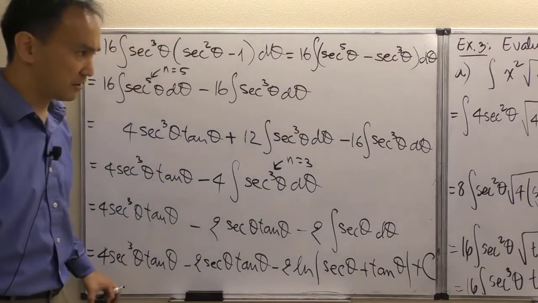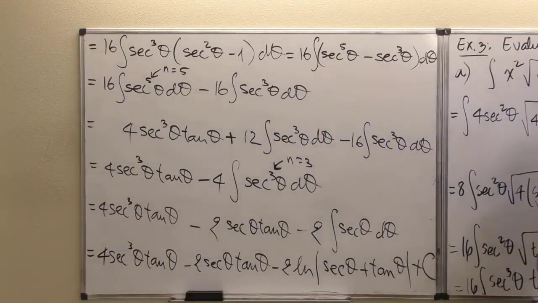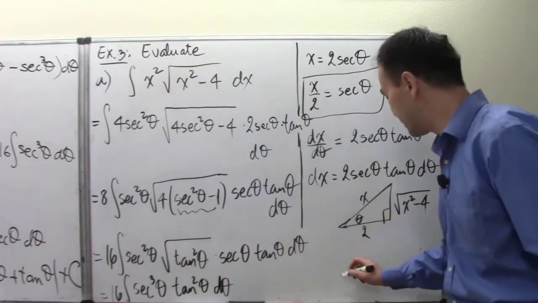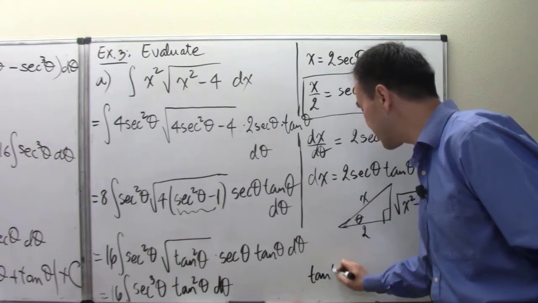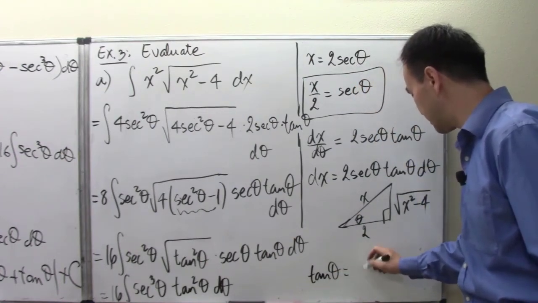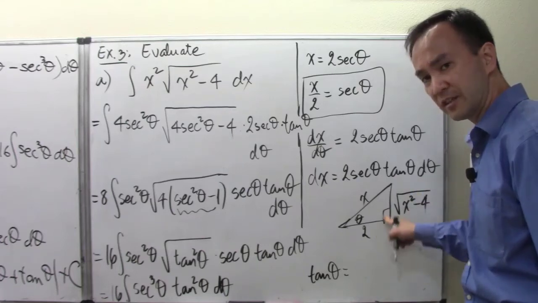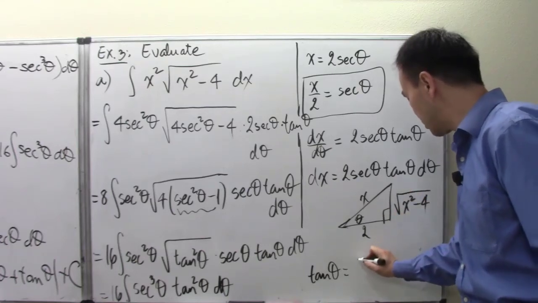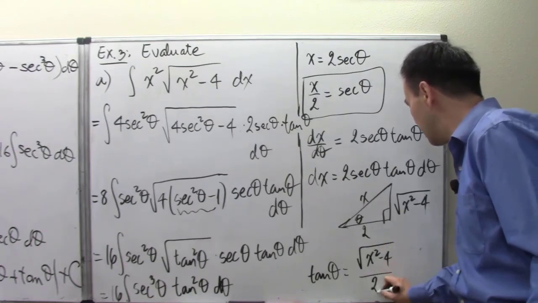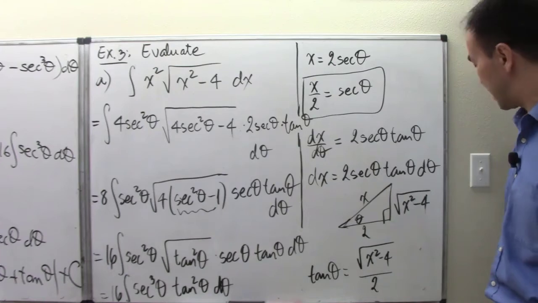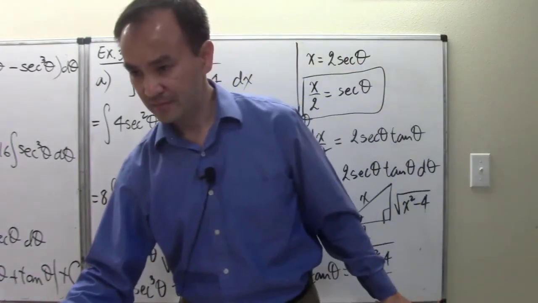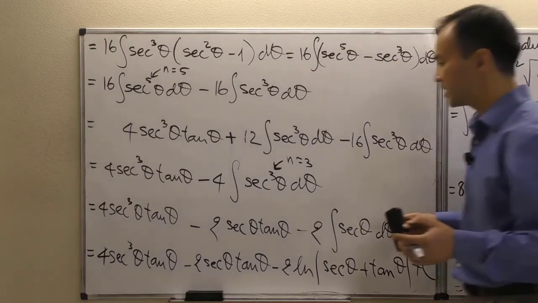So we're going to need a quick understanding of tangent. Tangent theta equals opposite over adjacent, so the square root of x squared minus 4, over 2. All right, so that's our tangent theta. Now with tangent theta, we have everything we need to put things in place.